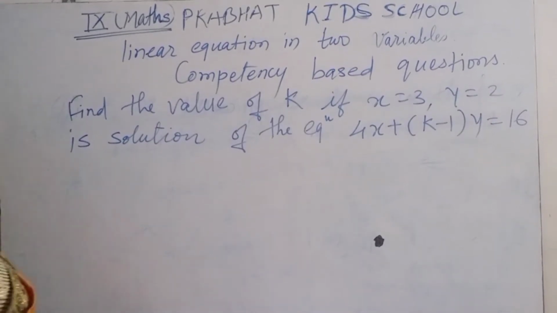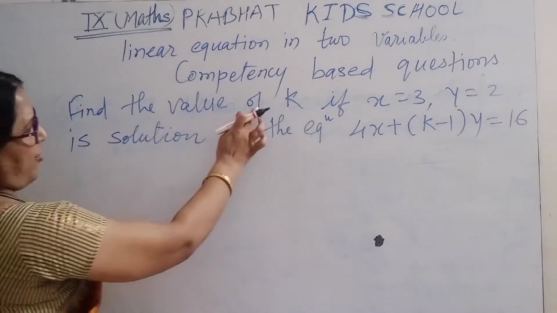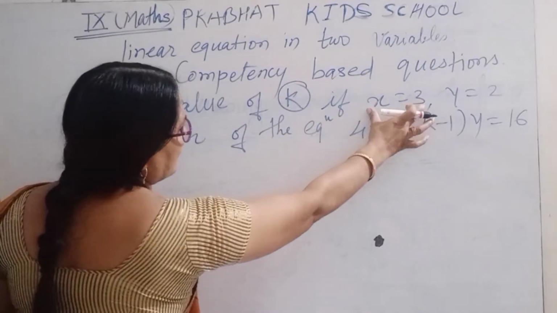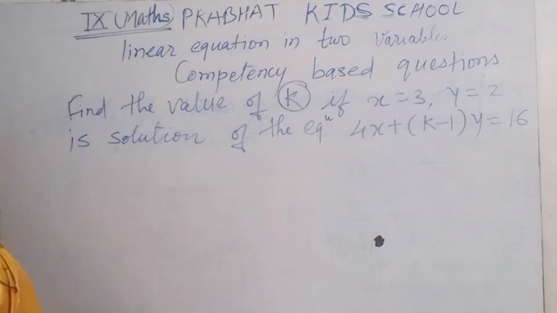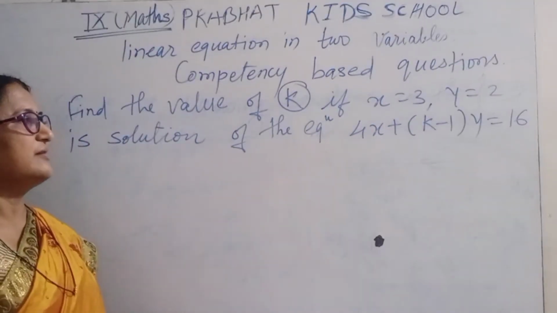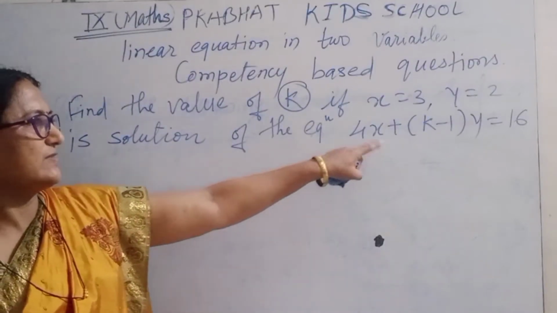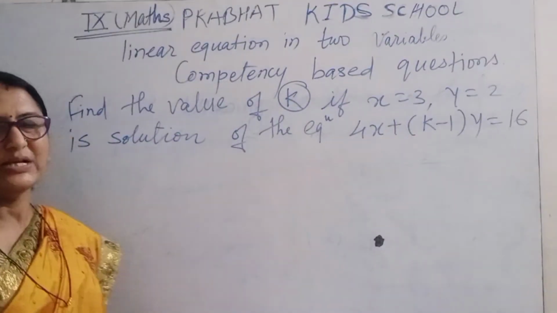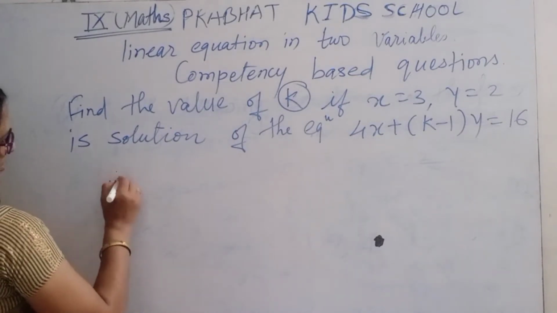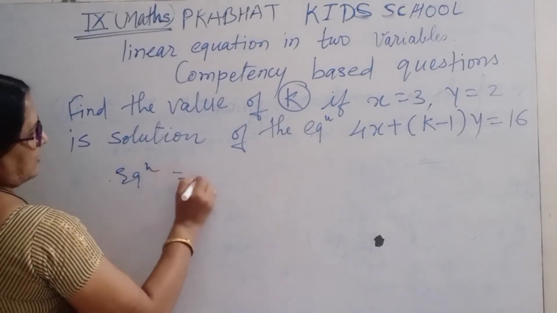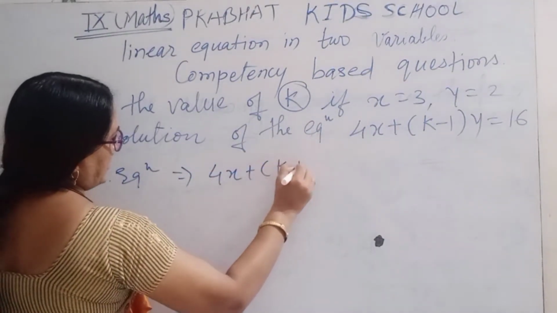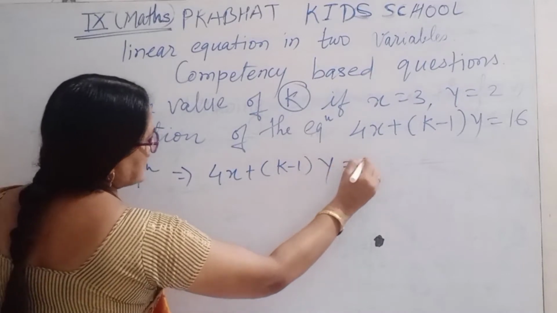The next question is find the value of k. Find the value of k if x is equal to 3, y is equal to 2 is a solution of the equation 4x plus in the bracket k minus 1 multiplied by y is equal to 16.